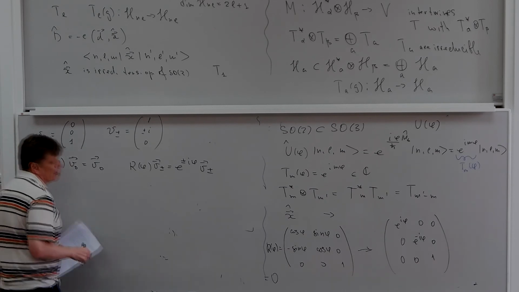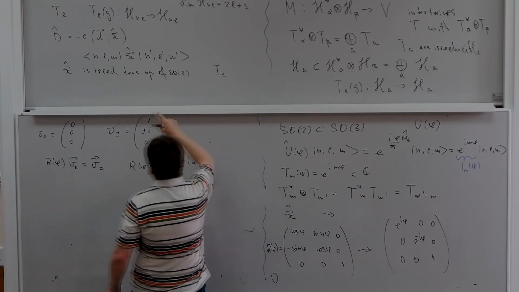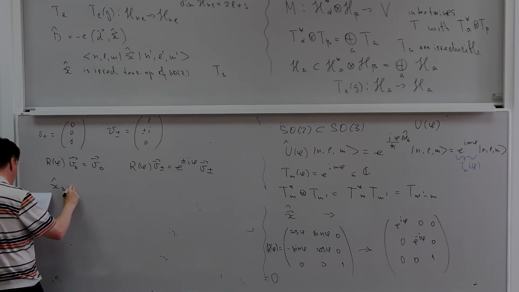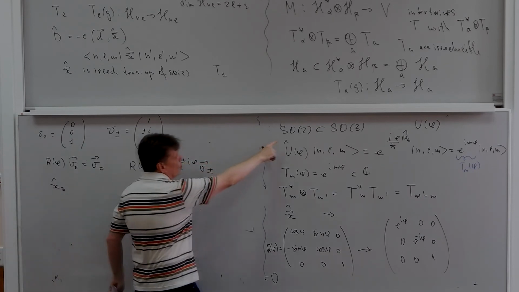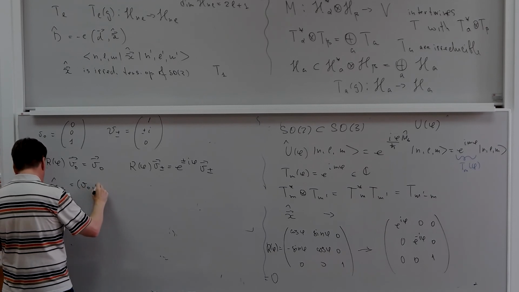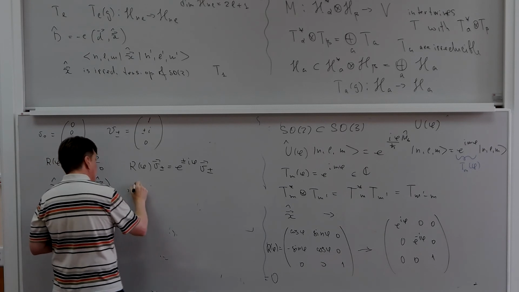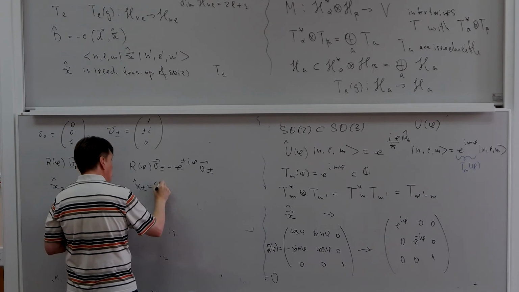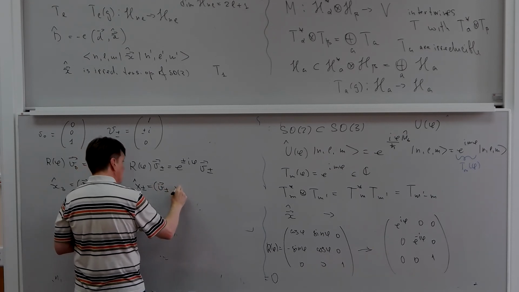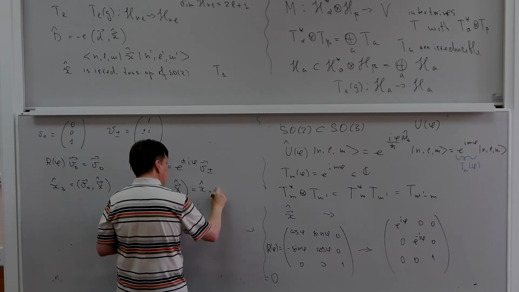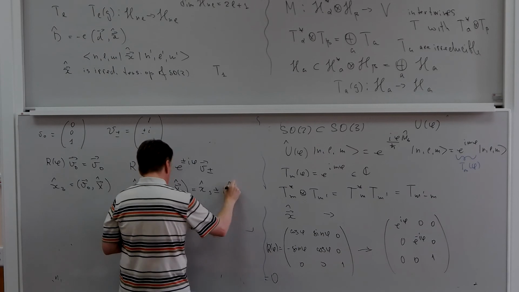So instead of a single reducible operator X, I can define the following irreducible operators of the SO2 subgroup: v_0 scalar product with X, and X_± given by the scalar products of v_± with X, that is x1 ± i x2.